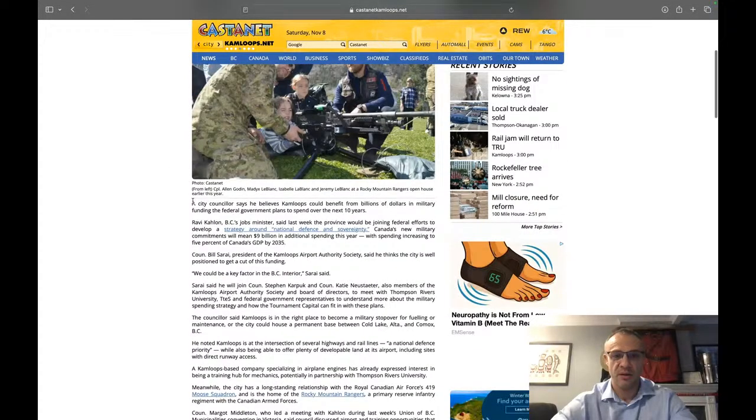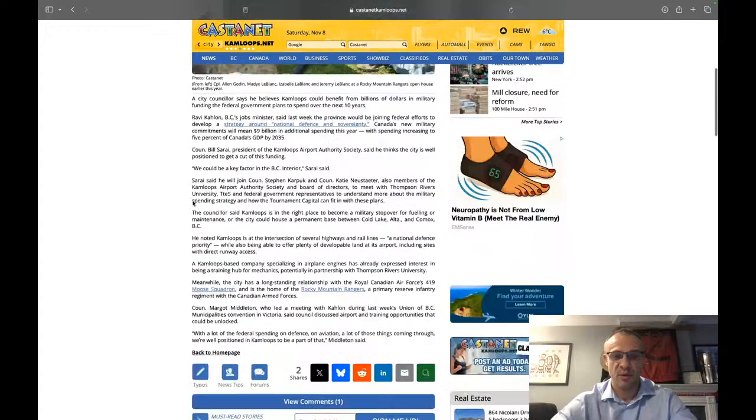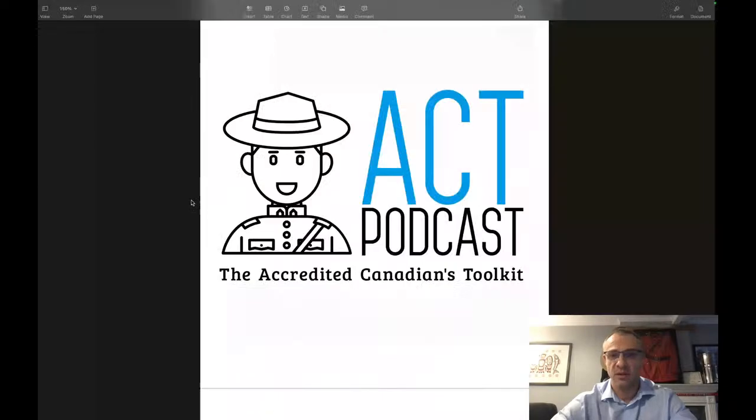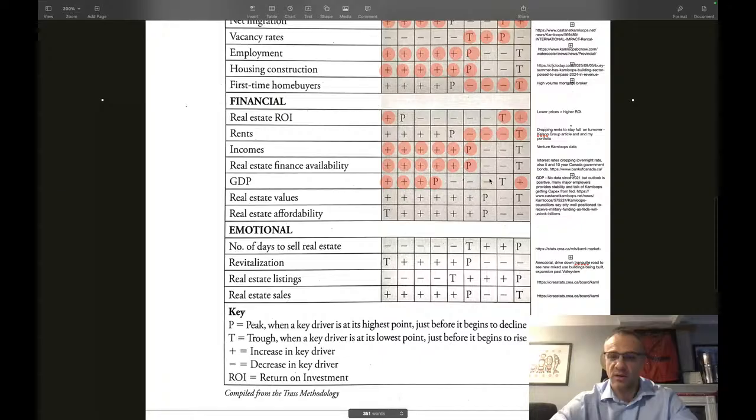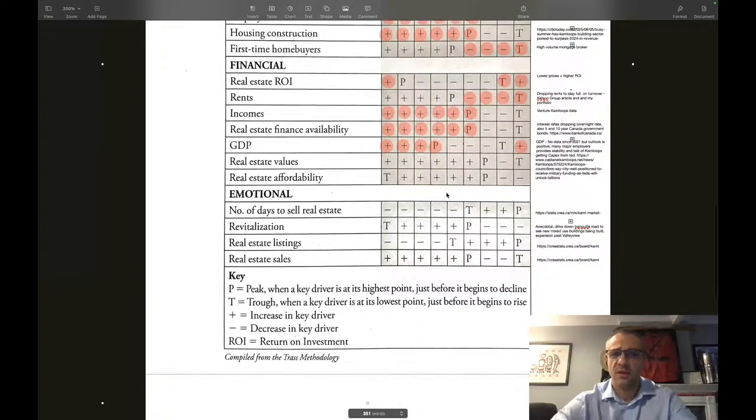We've got unused capacity at our airport, and maybe some military spending will land there. So GDP slightly positive, I would say. I'll just grab that one and put it there. But we're just trying our best to make an educated guess of where things are going.